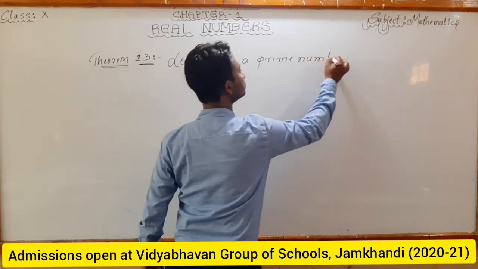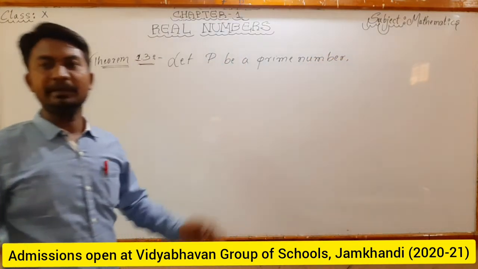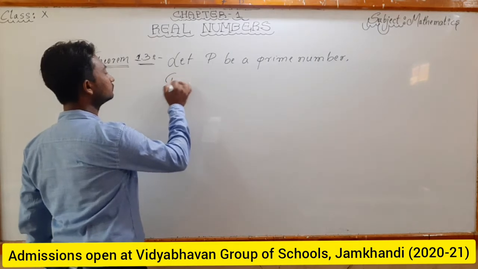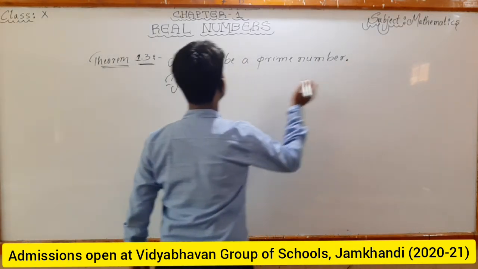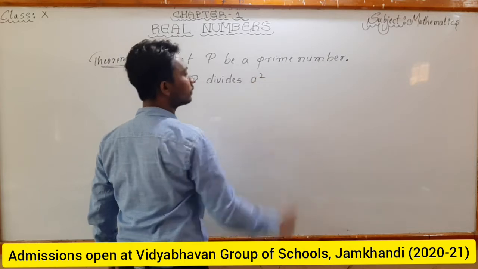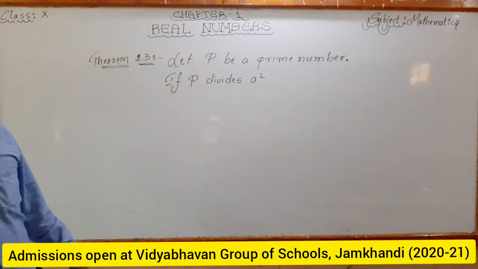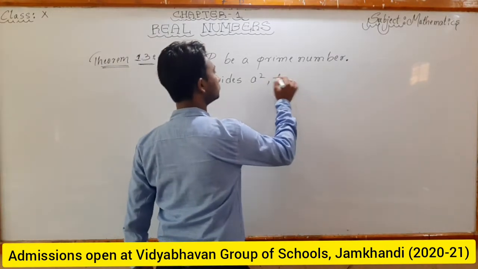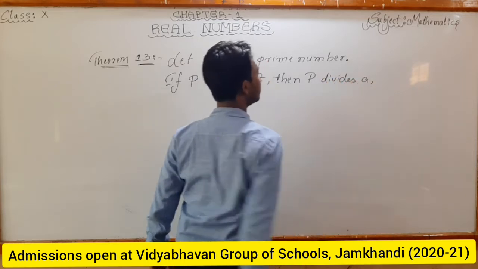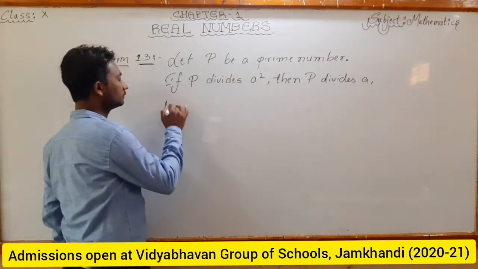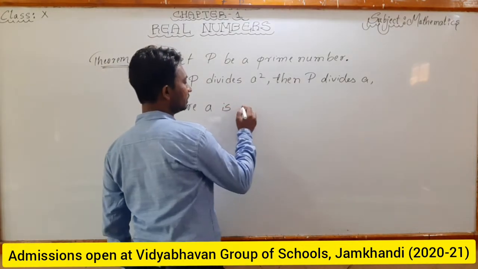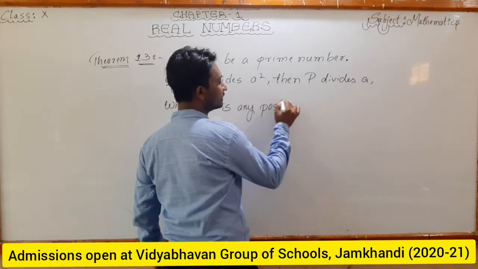If P divides a square, then P divides A, where A is any positive integer.